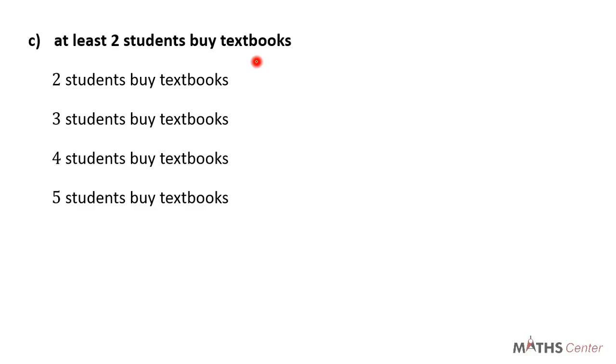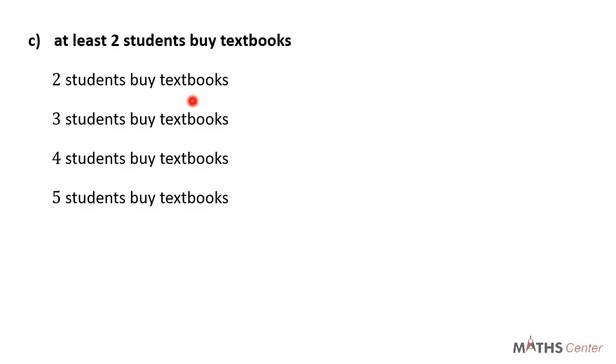This will give us at least 2 students. So to get the probability that at least 2 students buy textbooks, we will find the probability of these 4 events, then we will add them.